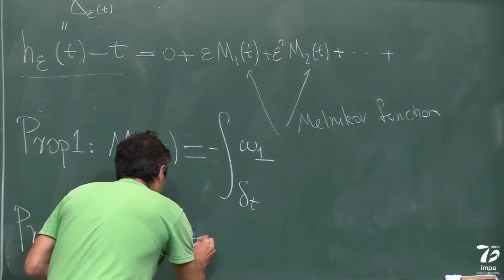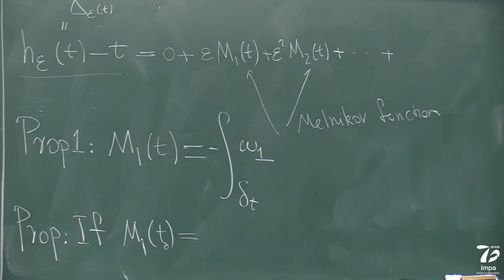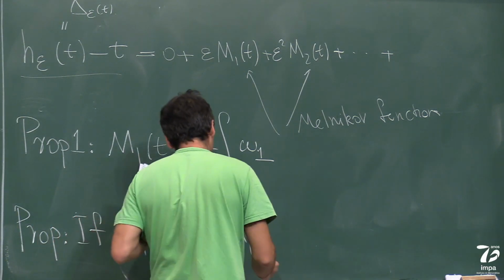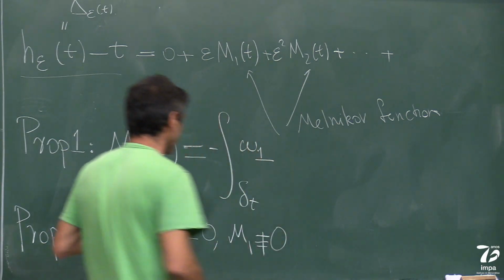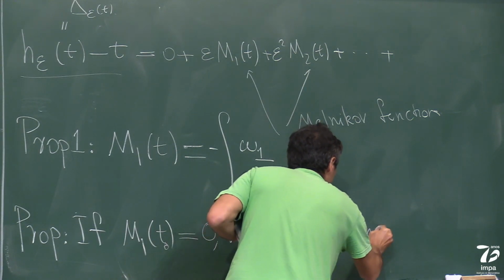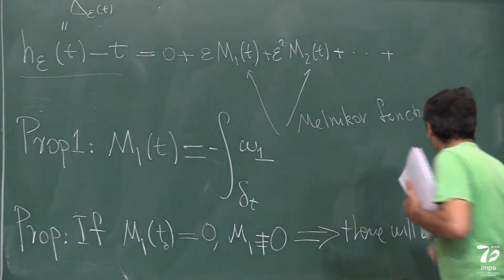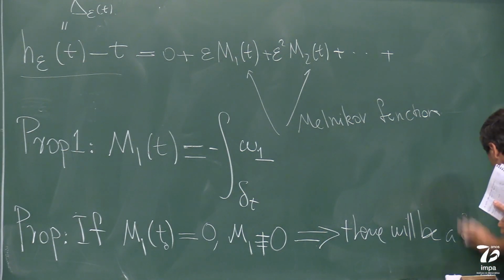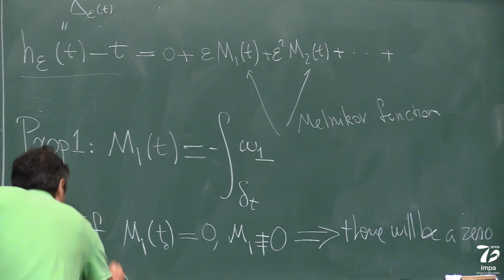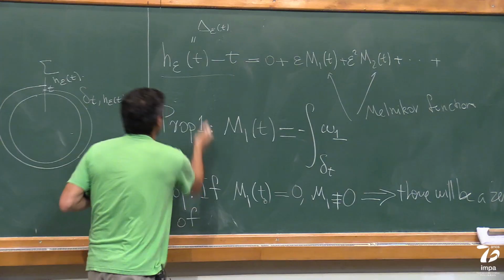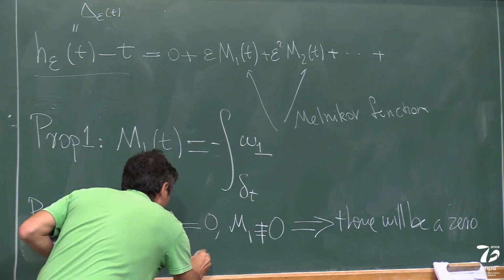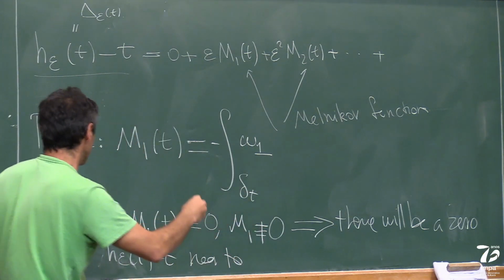Okay, just imagine that M1(t0) is equal to 0, but M1 itself is not identically 0. If this happens, then there will be a fixed point, a zero, of let's say this function h_epsilon(t) minus t near t0.